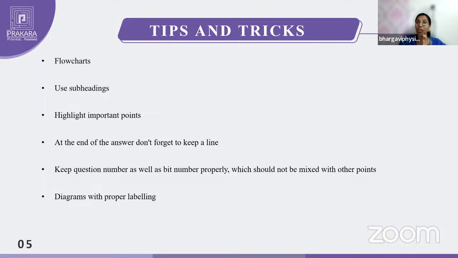If it is the second question and part A, and they have used Roman numerals, keep Roman numerals. If they are using normal numerals, don't change to Roman numbers. Whichever form they have given, only that you have to keep on the answer sheet, on the left margin as well as on top of the answer, and circle it. That is important.